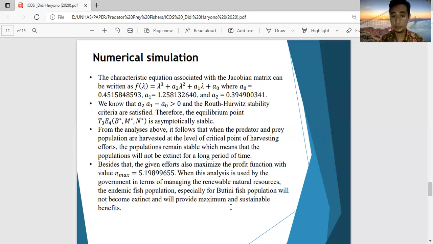When this analysis is used by the government in managing renewable natural resources, the endemic fish population, especially the butini fish population, will not become extinct and will provide maximum and sustainable benefits.